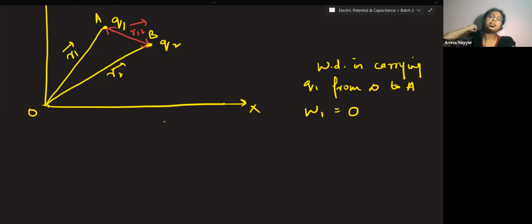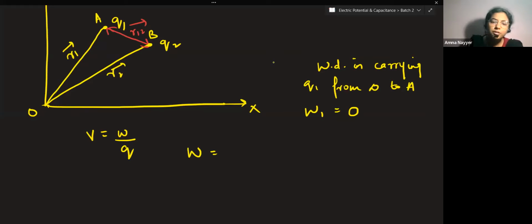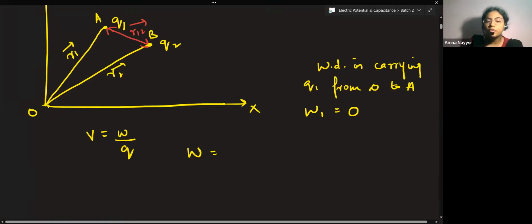Perfect. See, the rest of you who were not able to recall, the definition of potential is this only, no? Work done in carrying a unit positive test charge. So what will be work done? Work done will be charge multiplied by potential. So work done in carrying Q2 from infinity to point B is charge, meaning Q2, multiplied by the potential difference.